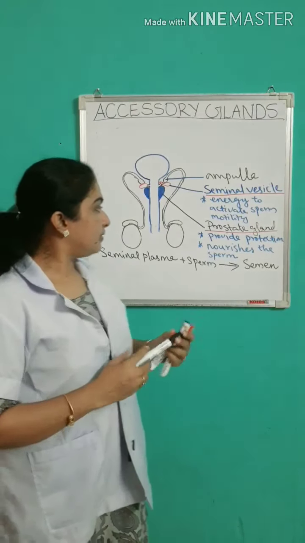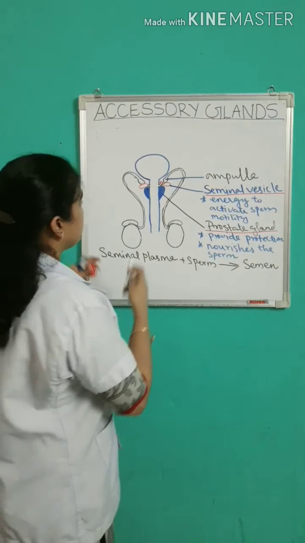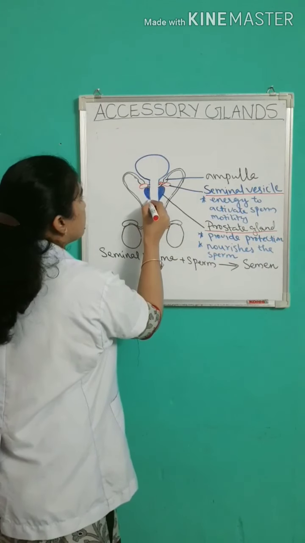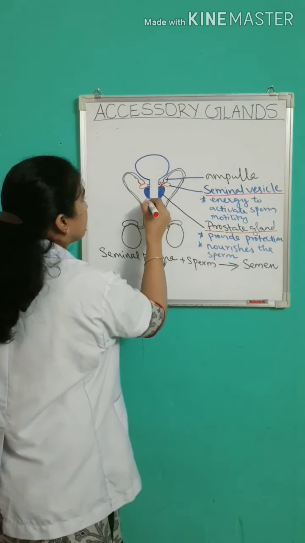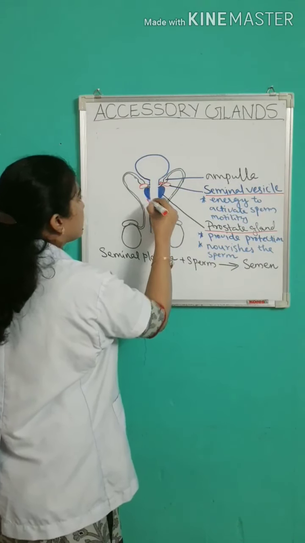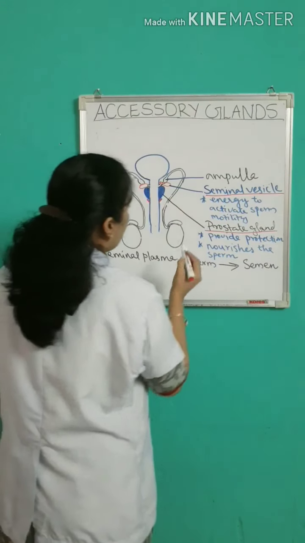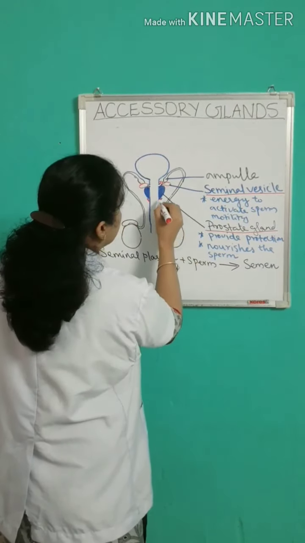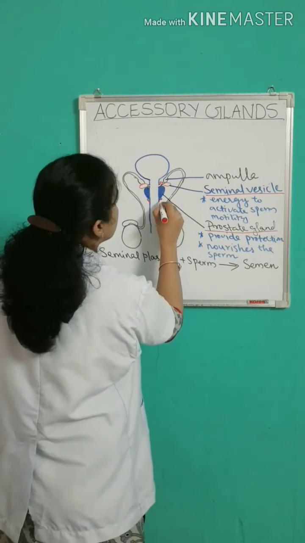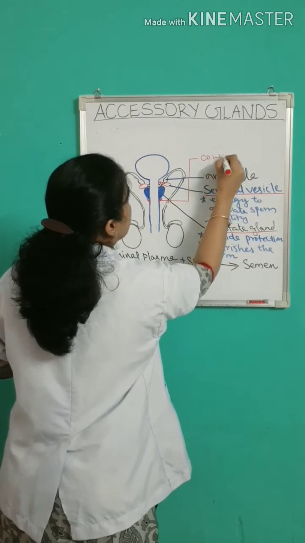Now we can see the third gland, that is, there is a small gland on either side below the prostate gland, and this is known as Cowper's gland, that we can write over here. This is the Cowper's gland.